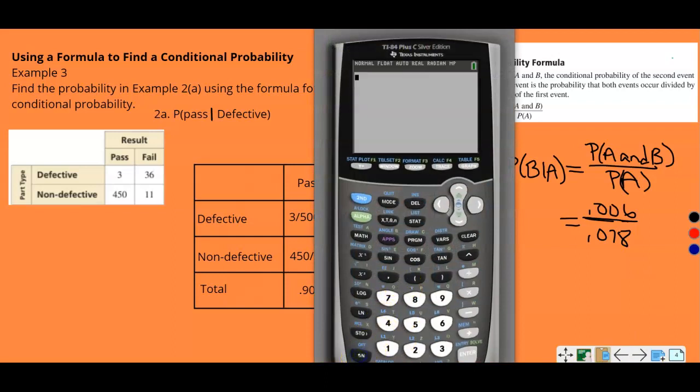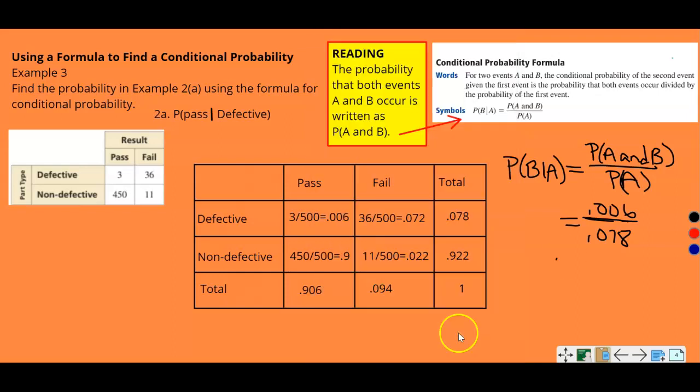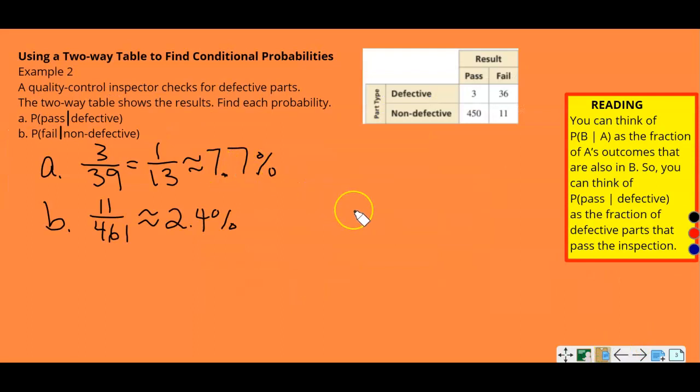Let's check this out and see what we get. 0.006, that's the 3 that were defective, out of 0.078, that's the 39 total in the defective column. And we're going to get about 7.7%. All right, if you remember, in the last one we also got 7.7%. So this is just another way to do it.